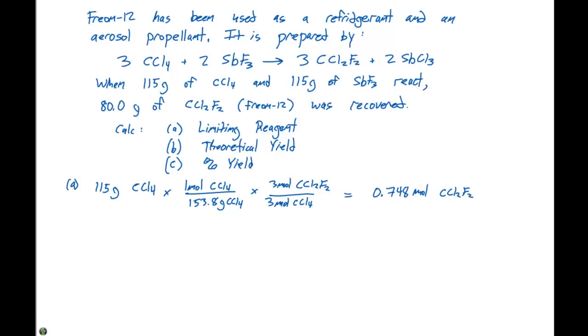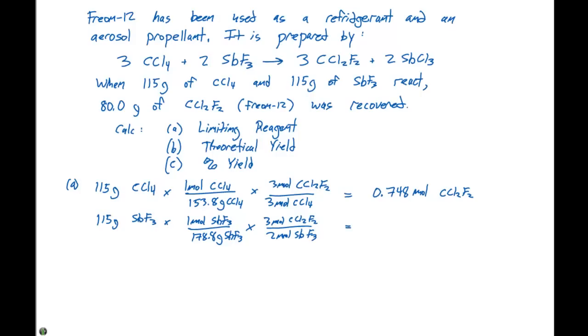Likewise, we need to do the same calculation for the 115 grams of the SbF3. We know from the periodic table that 1 mole of SbF3 is going to equal 178.8 grams. From the balanced chemical equation, for every 2 moles of SbF3 that are consumed, 3 moles of CCl2F2 are produced.